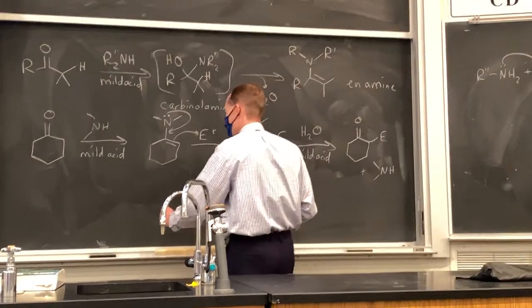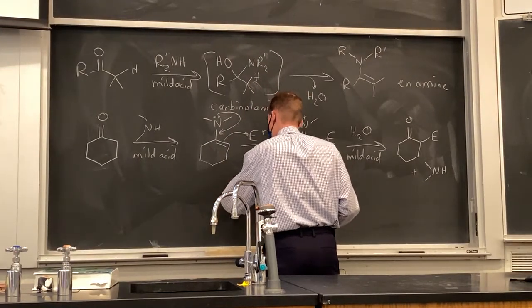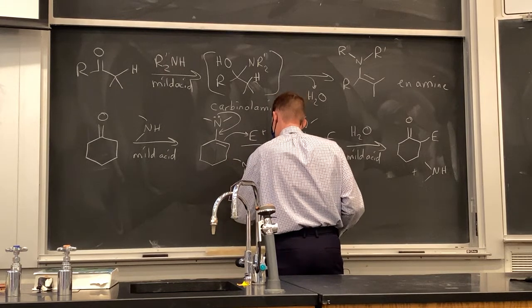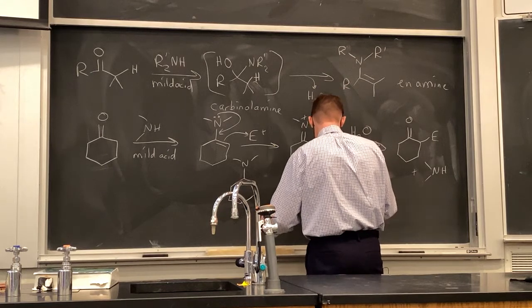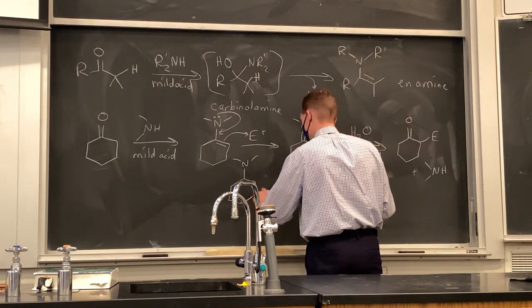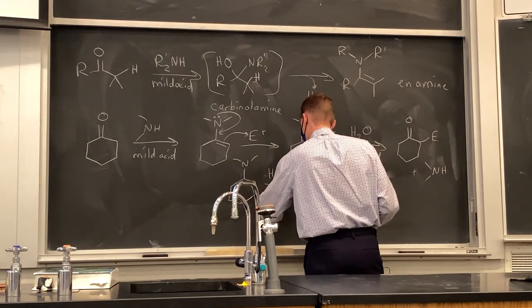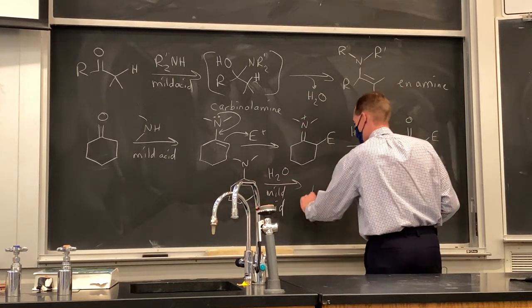Okay. So we can hydrolyze our iminium ion intermediate we get from this process. We're also able to hydrolyze our imine or our enamine itself, much like the imine, if we react it with water in the presence of mild acid. Then we're going to reverse.